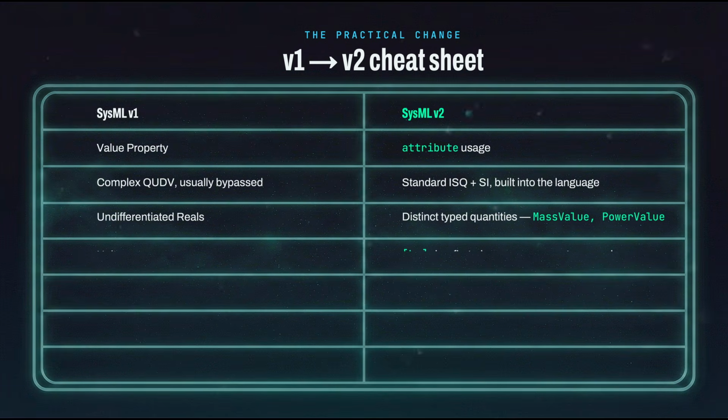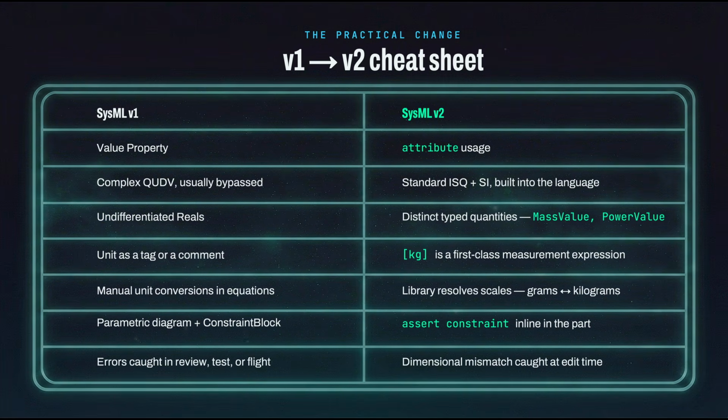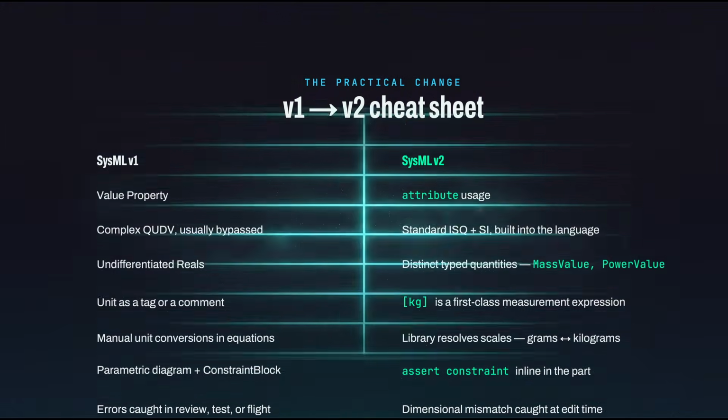Where v1 often placed a unit in a tagged value or a comment, v2 makes units part of the measurement expression itself. Where v1 equations often had to calculate unit conversions manually, in v2, the standard library can resolve compatible scales such as grams and kilograms. Where v1 required a parametric diagram to map properties to a constraint block, v2 can place an assert constraint directly inside the part definition. And where dimensional errors in v1 might survive peer review, physical testing, or worse, a conforming v2 tool can identify a dimensional type mismatch while the model is being edited.